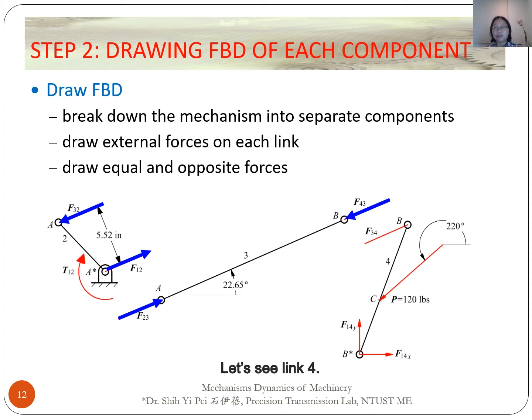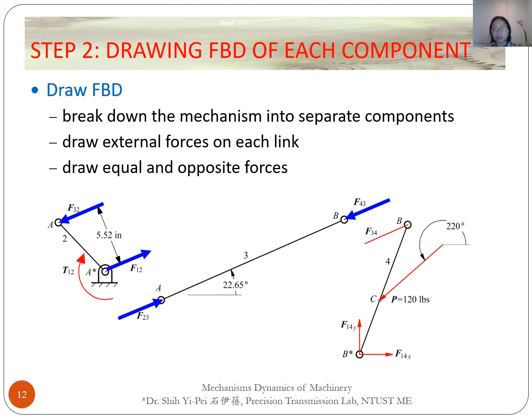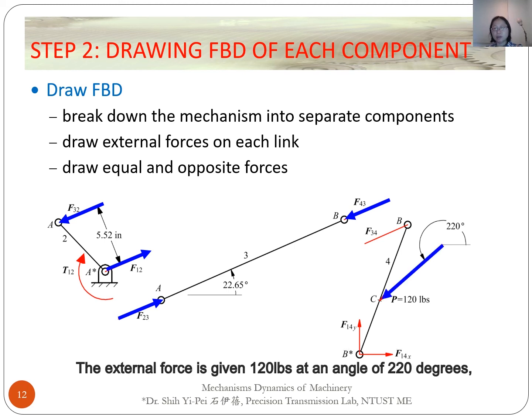Let's see link 4. Link 4 is a three-force member. Two forces act on points B and B star, and an external force P acts on point C. The external force is given as 120 pound force at an angle of 220 degrees.